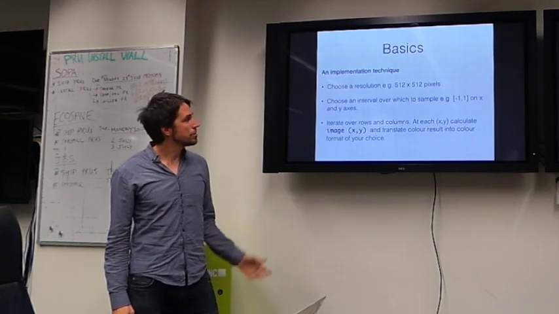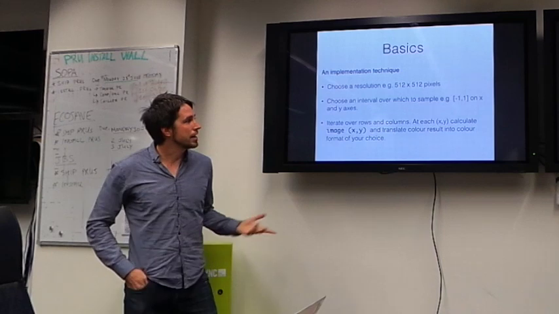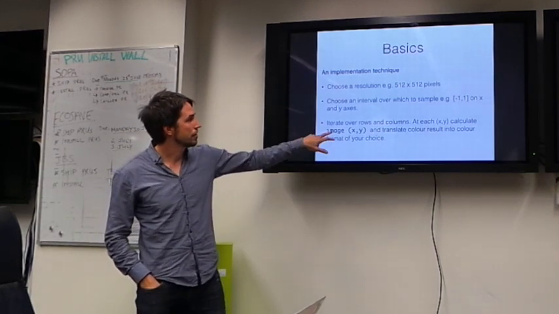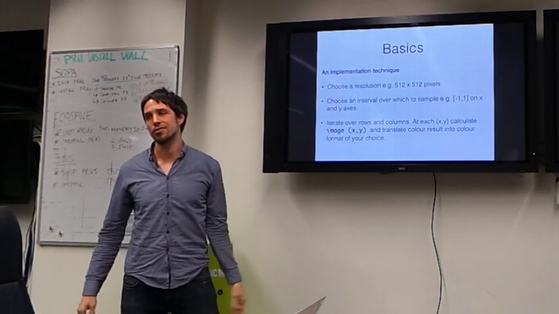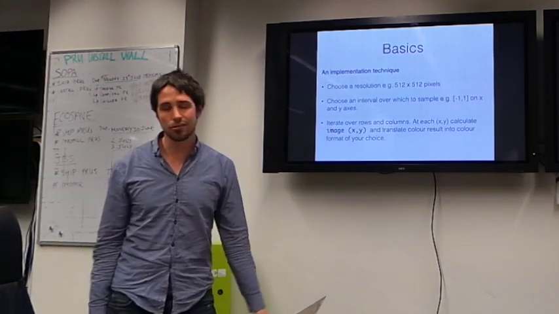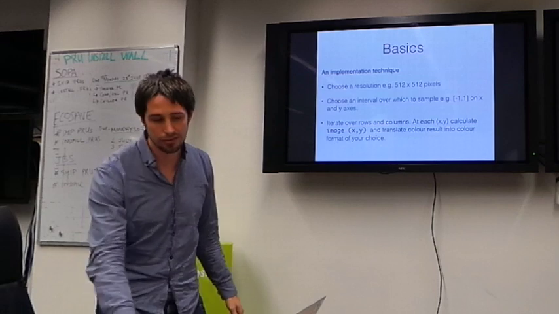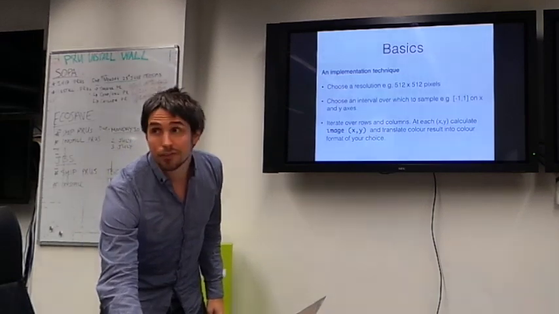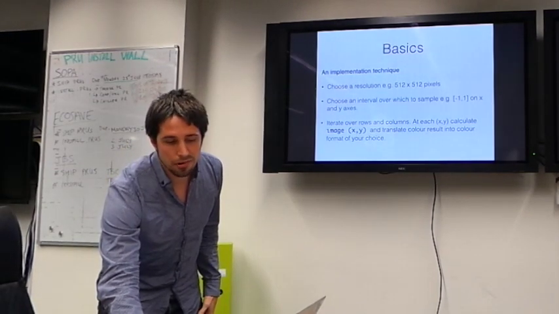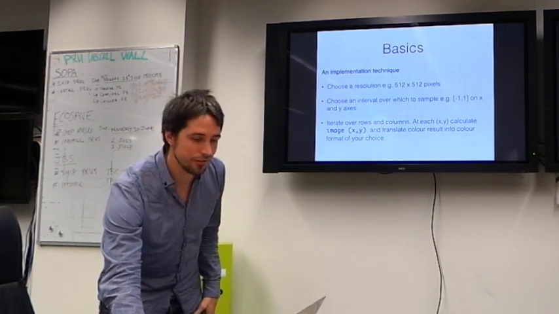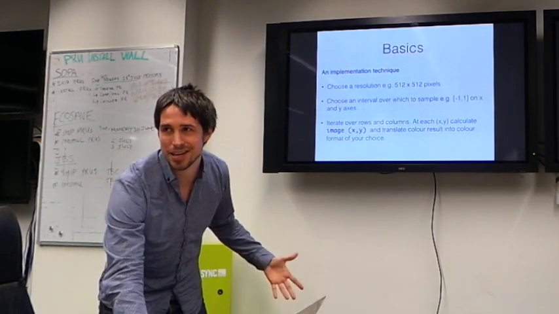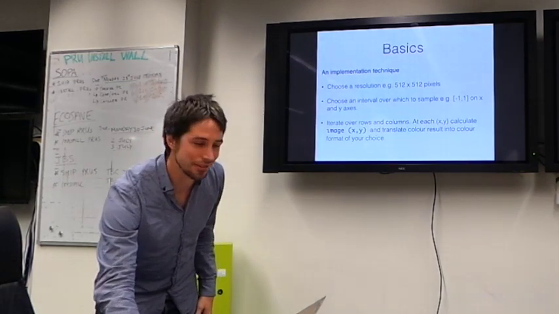Then you iterate over the rows and columns, and at each x, y calculate image x y and translate the color result to some color format of your choice. You could render to the screen, or to a PNG file, it doesn't really matter. Honestly, you can get away with writing a simple renderer in a page of Haskell code for this, which isn't true in the 3D case, but that's why I started with this example.